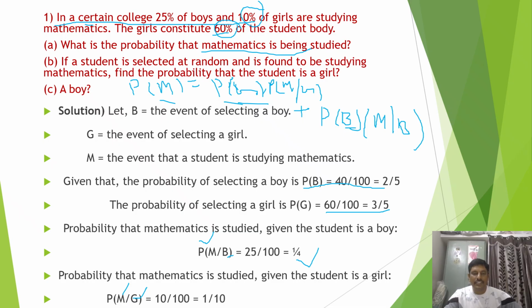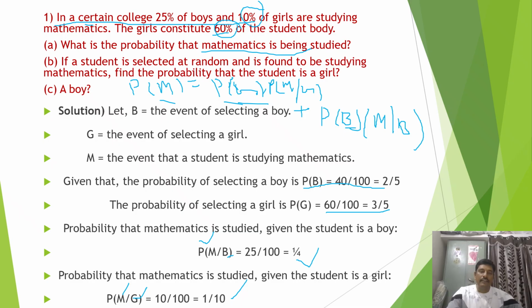P of M by G we have 1 by 10, that is also given in the problem. P of B is given, 40 by 100, and P of M by B is also given. If we substitute all these values, we will get the probability that mathematics is being studied.